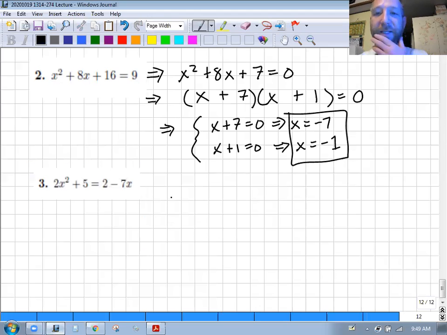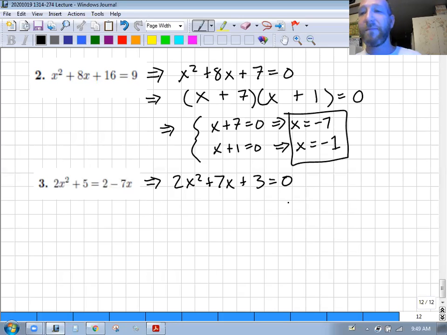All right. Again, this one we need to move everything to one side, set it equal to 0. So if I add 7x to both sides and I subtract 2 from both sides, I would have that. Now this thing's in a nice standard form.